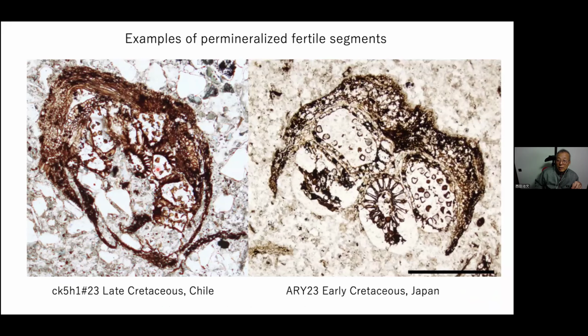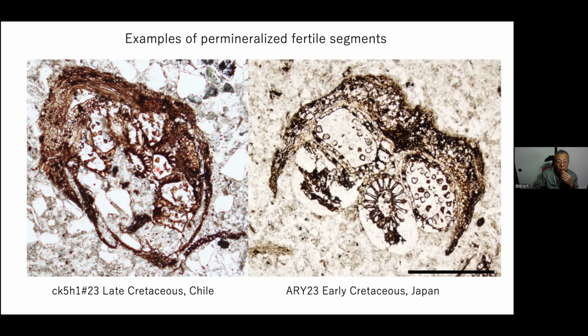And this is an example of our material, permineralized materials in calcified concretions or sometimes in silicified material. In this presentation, I'm going to introduce 5 new specimens from Japan, southern Chile, and also Antarctica.